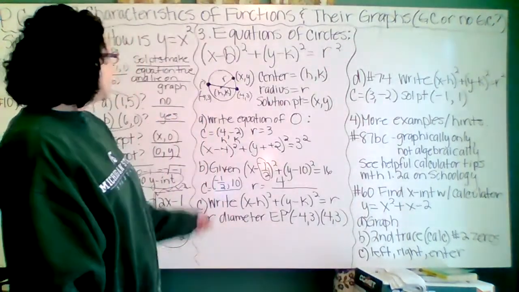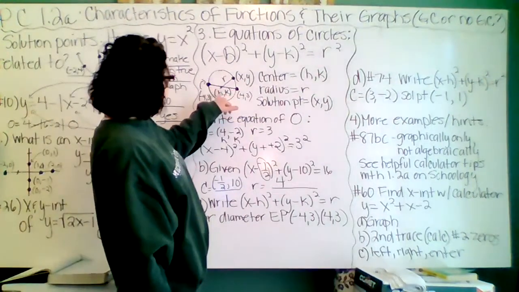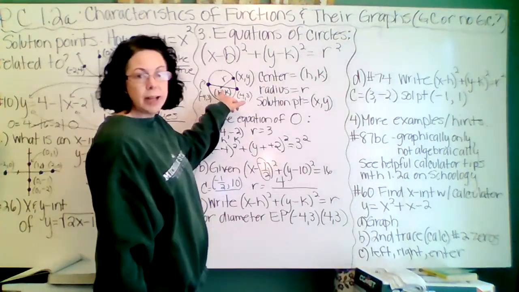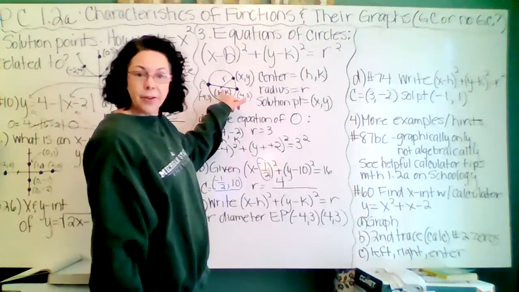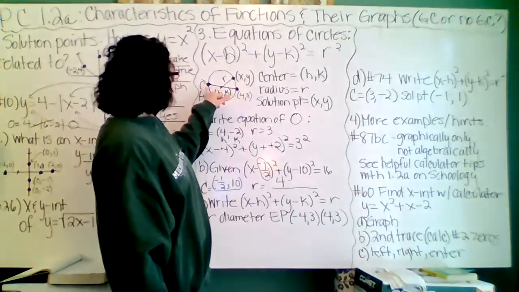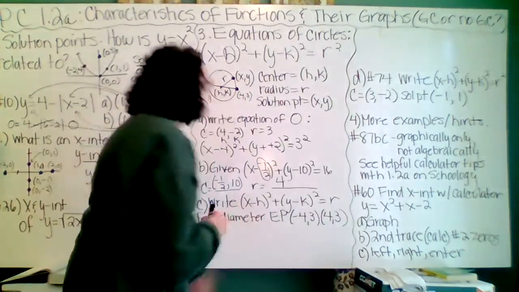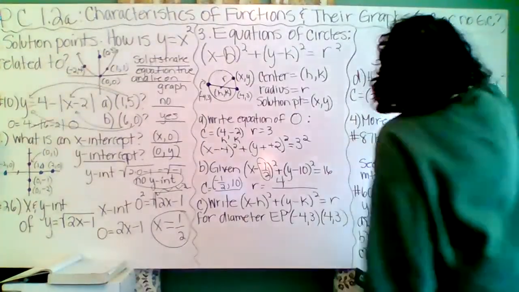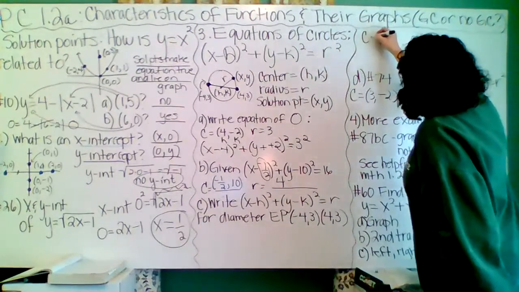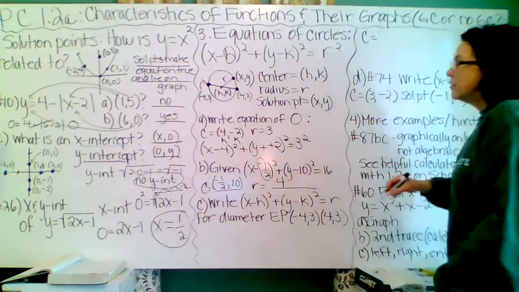Okay, well, let's take a look here. If this is a diameter, notice the center point is in the middle. It's the midpoint of the ends of the diameter. So to get this center, I left some room up here to do work. The center will be using the midpoint formula.